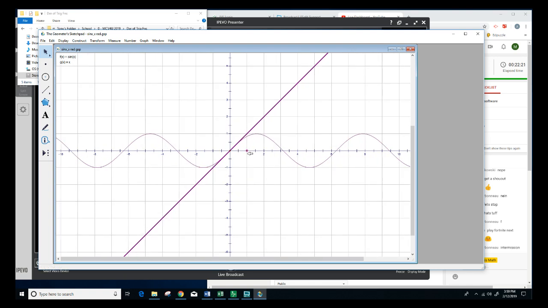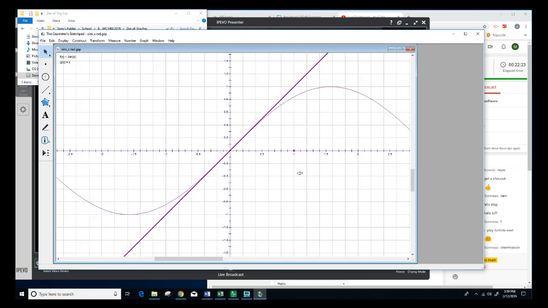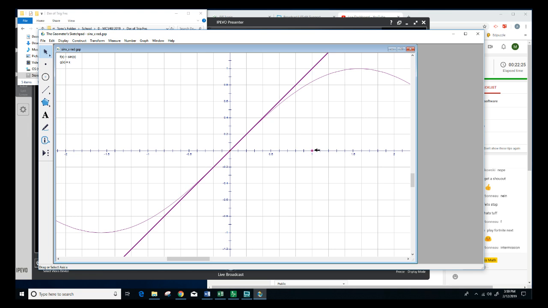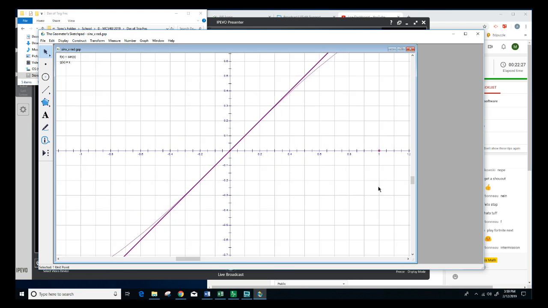As I zoom in, we see that the closer I get to 0, the function y equals x and the function y equals sine x become almost indistinguishable. We're actually going to talk about this in class because this has some pretty big implications.